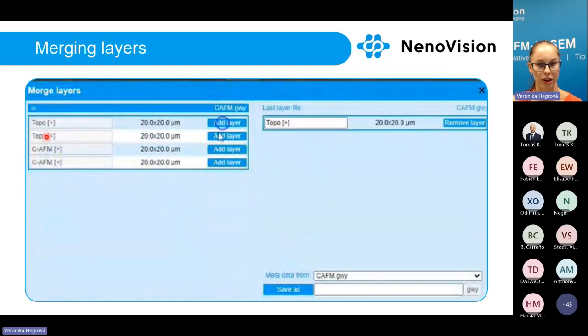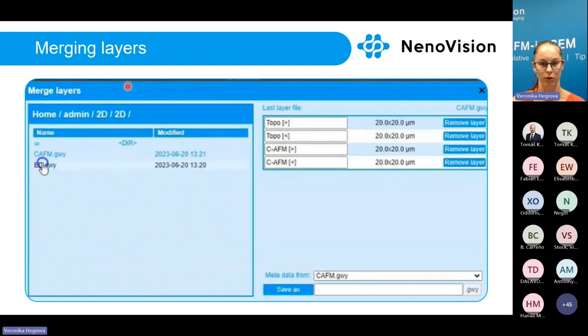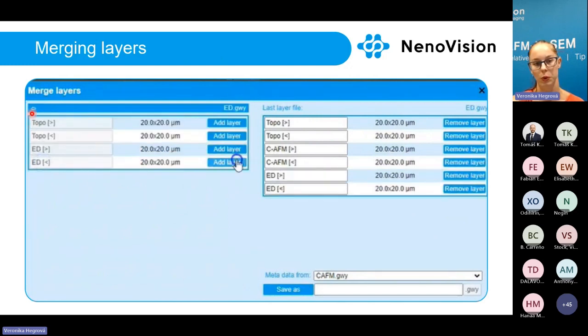And how to merge layers. So we have a merge layer function where we choose what layers we'd like to add to the previous one. And as you can see, we just choose the layers, we can rename them and save it.